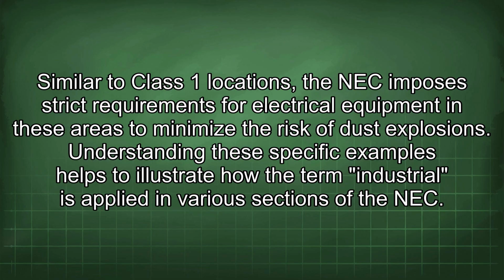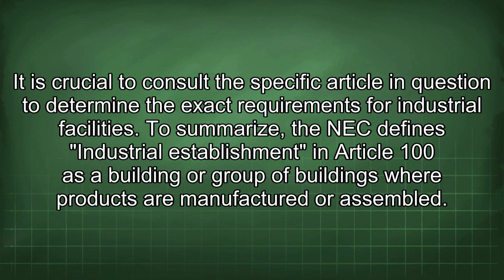Similar to Class 1 locations, the NEC imposes strict requirements for electrical equipment in these areas to minimize the risk of dust explosions. Understanding these specific examples helps to illustrate how the term industrial is applied in various sections of the NEC. It is crucial to consult the specific article in question to determine the exact requirements for industrial facilities.